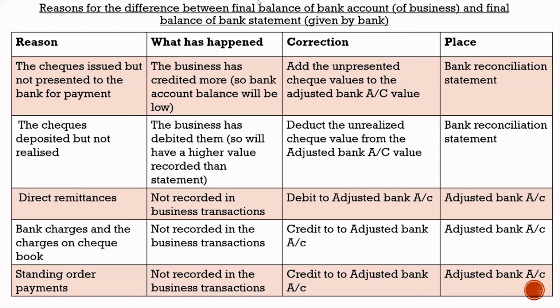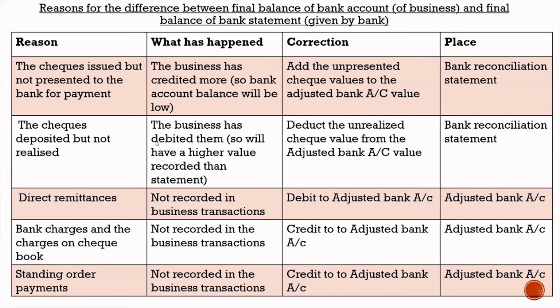Right? Imagine we are making a payment, then we have credited our bank account, but the bank has not got that check. So we have to change the bank account value to find what has happened by adding the unpresented check to the bank account value. Imagine there's a check deposited but not realized.